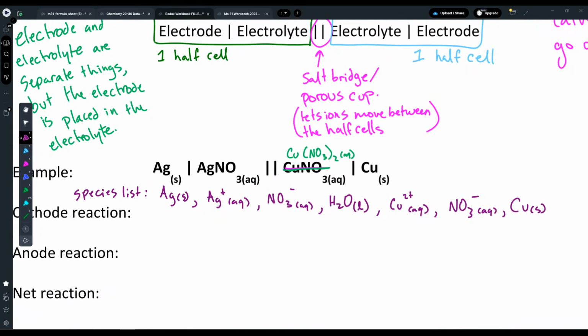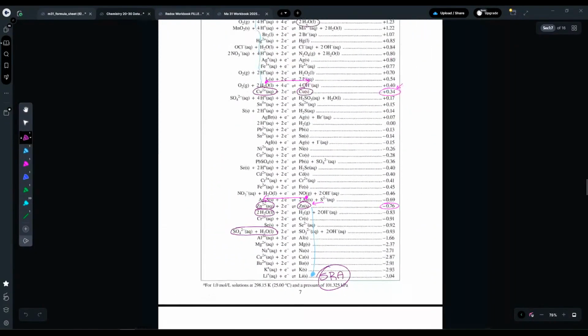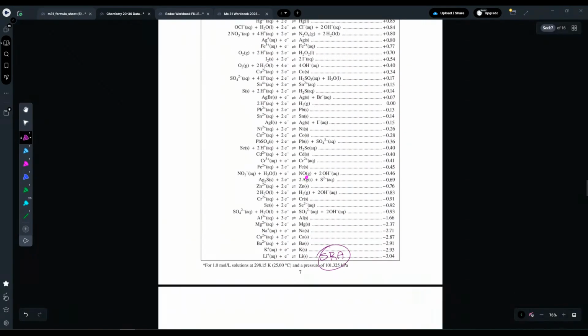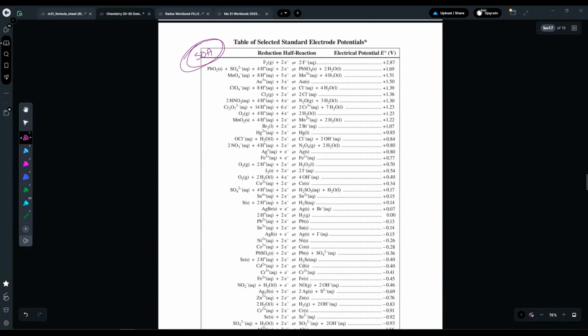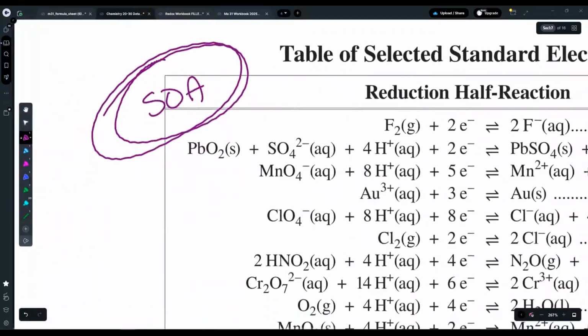So we've got our species list from both half cells. Let's figure out our cathode reaction. Now, in order to do that, we need to figure out, okay, what is our SOA? What is our SRA? So I need to clean this up a little bit. Okay, so I'm going to start with the OAs.